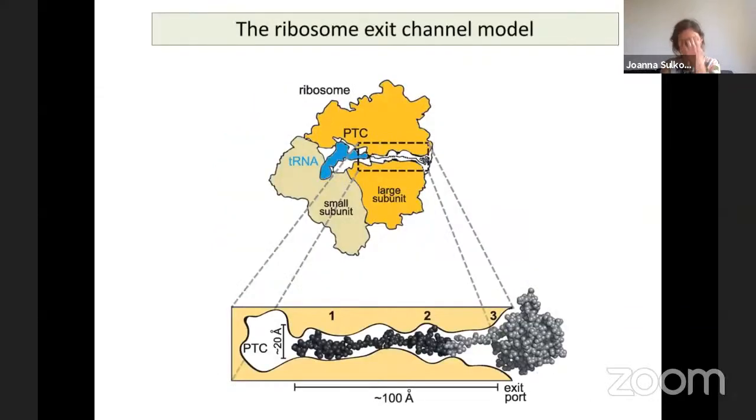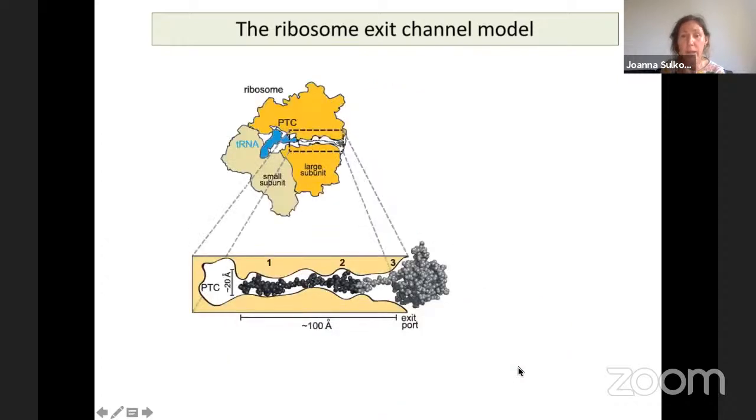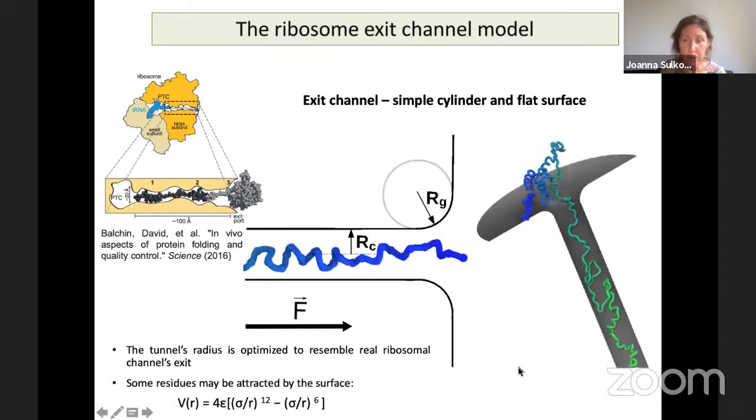You have another example of how you can represent this ribosome. It's just a tube that has some curve at the end. And in this case, you can build a very simple statistical or physical model. You can construct the tube model with some additional force that is coming from the formation of the nascent chain.